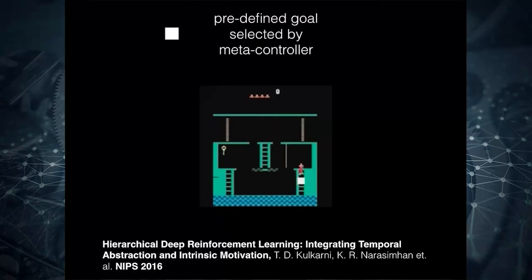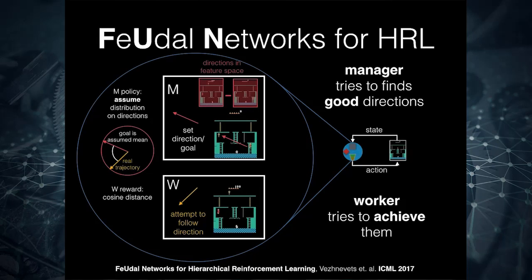So this idea is quite powerful, but has a limitation, and that limitation is that the high-level goals are predefined. It would be nice if the high-level goals could be automatically discovered. So there comes another idea, which is from DeepMind.